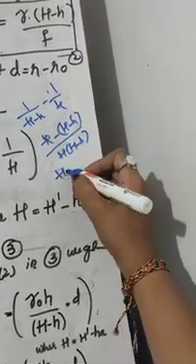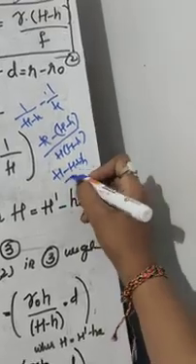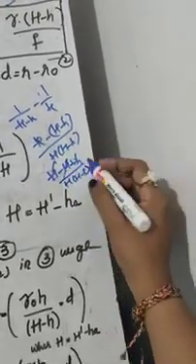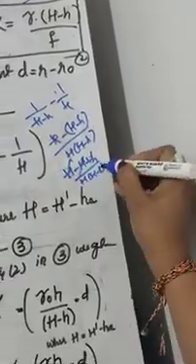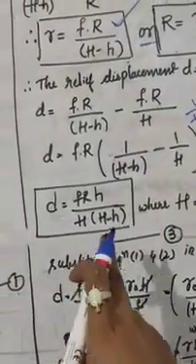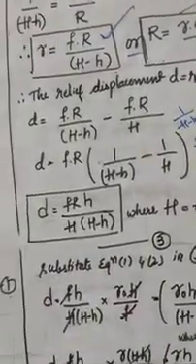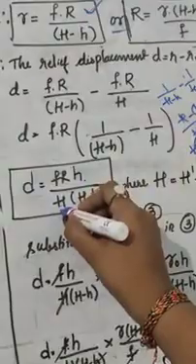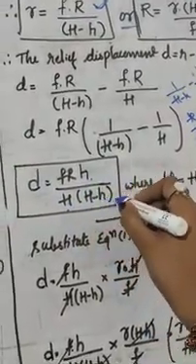So when we take this, H minus h plus h divided by h into H minus h, so HH will be cancelled. Finally the remaining is small h divided by capital H in bracket H minus h.